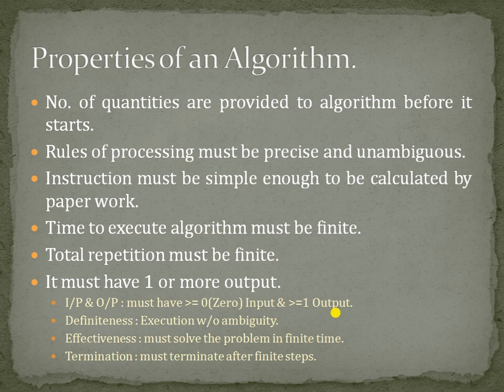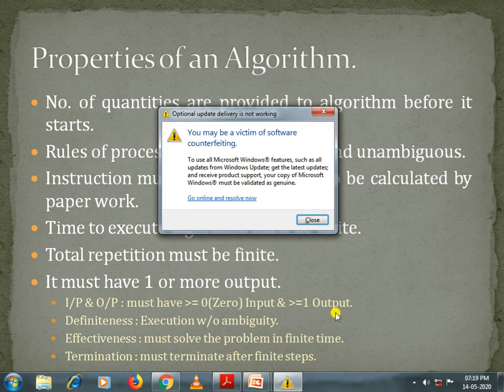It must have one or more outputs. It must have zero or more inputs, and it must have one or more outputs. It must be executed without any ambiguity. It must solve the problem in finite time, and it must terminate after finite steps.